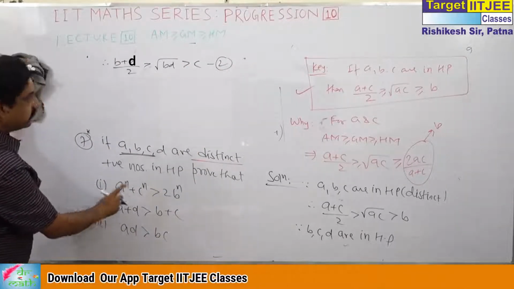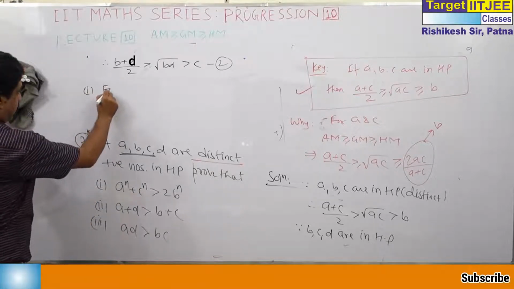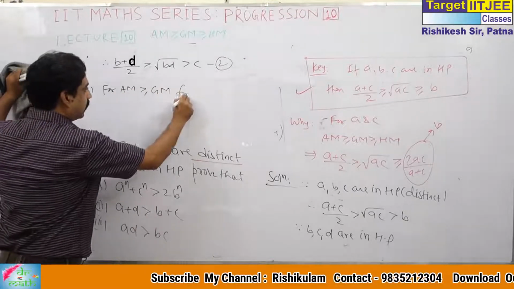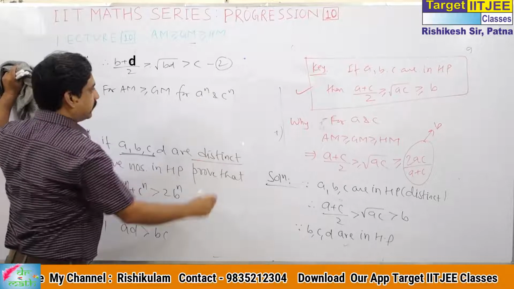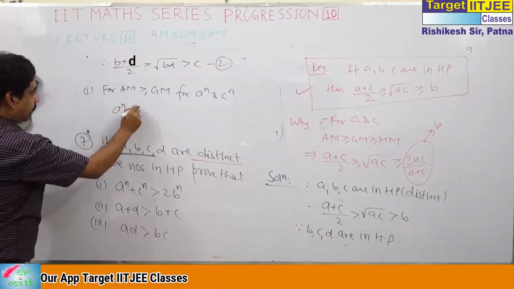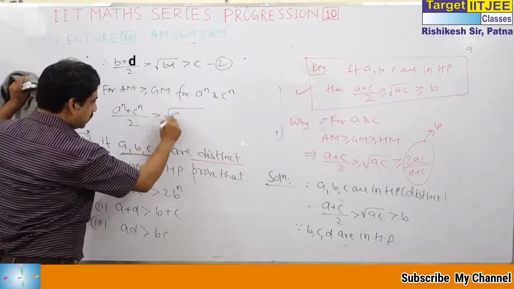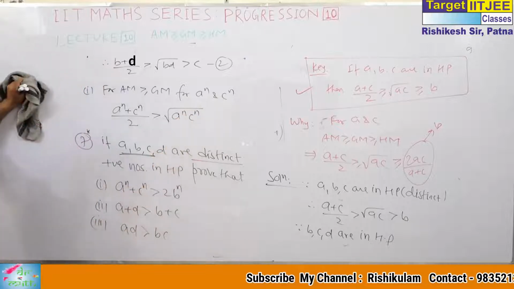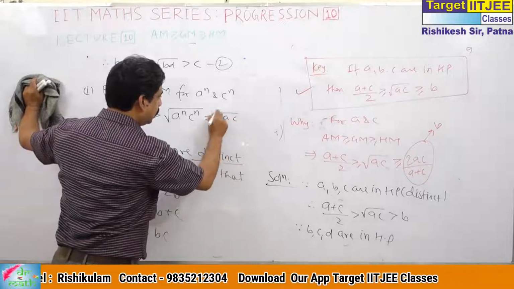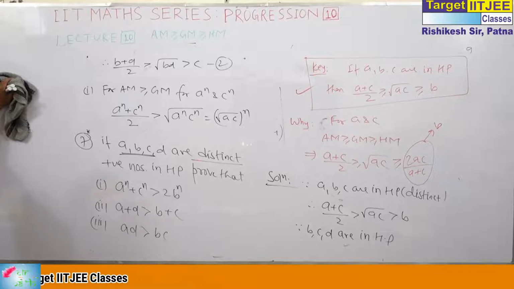Let me take the first one now. For arithmetic mean greater than or equal to geometric mean for A to the power n and C to the power n, I am dealing with the first one. (A to the power n plus C to the power n)/2 is greater than, not taking the sign of equality because of distinct, root AC to the power n.